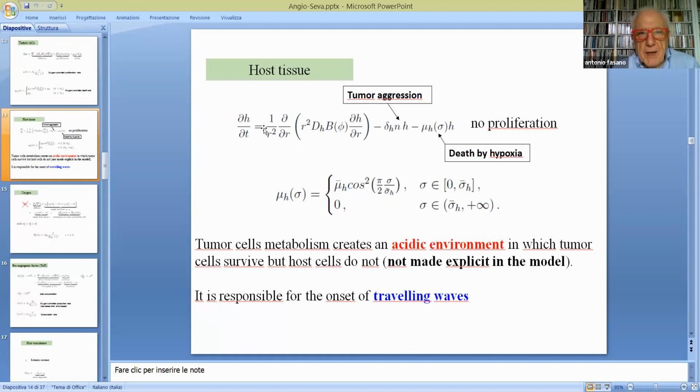And in addition, we have some diffusion, which is important actually only when some gap is generated. Otherwise, in the healthy tissue, H is basically constant. But it is exactly this tumor aggression term which is responsible for the generation of traveling waves.